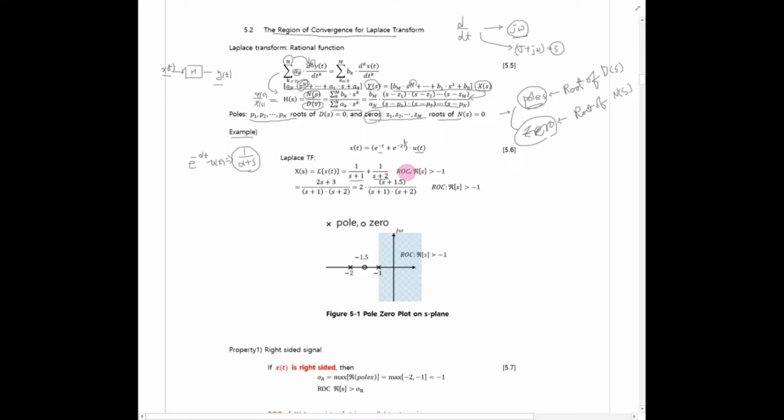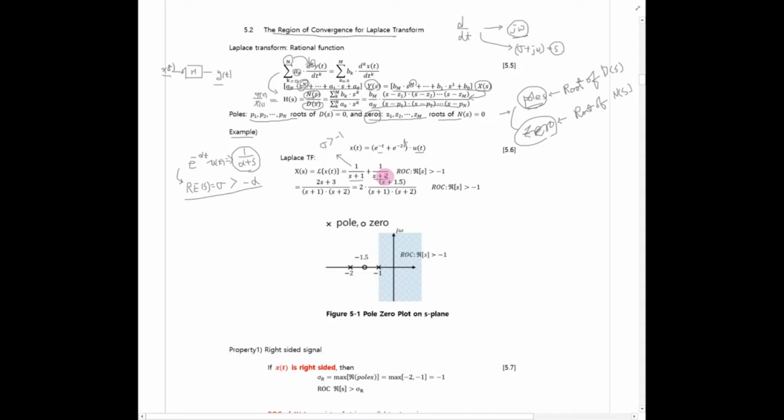Here we need to define the region of convergence. For e to the minus alpha t, the region of convergence, where sigma is the real part of s, for a right-sided signal should be larger than minus alpha. This is the condition for the region of convergence of right-sided signals. So for e to the minus t, the region of convergence is sigma greater than minus 1.